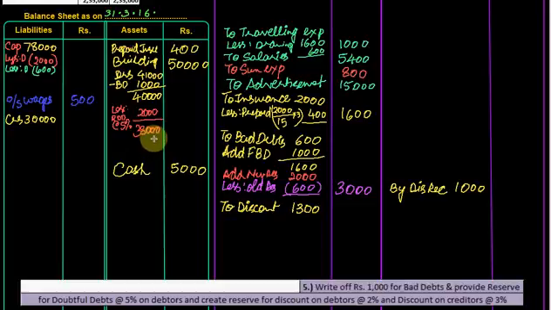Now read the second adjustment. It is given that once you create 5% on debtors, create reserve for discount on debtors at the rate 2%, means discount on debtors के लिए भी reserve बनाना है, तो less करेंगे यहाँ से reserve for discount on debtors, RFDD I am stating here, which is 2%. So 2% किसका? 2% of 38,000, that comes up to 760.